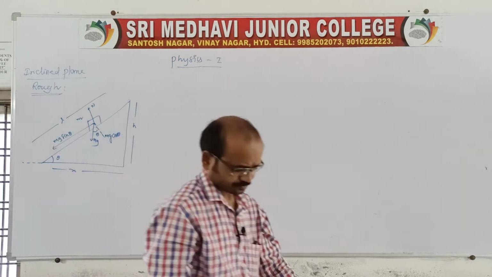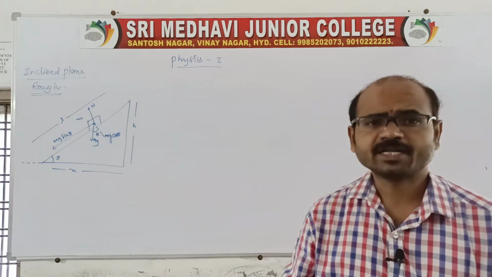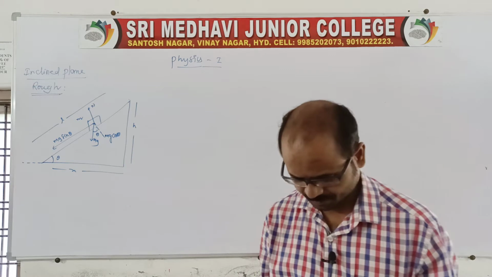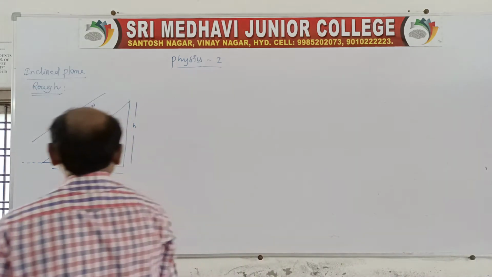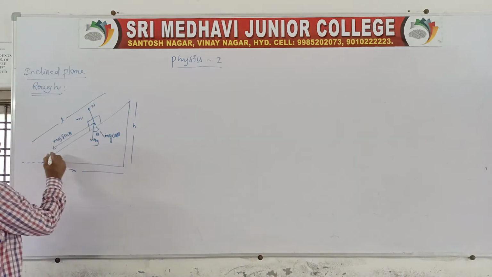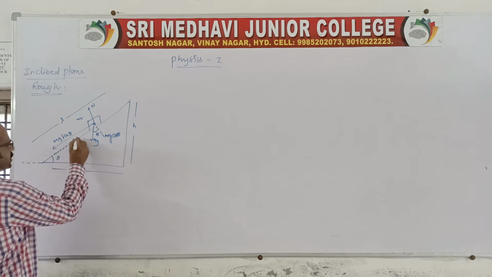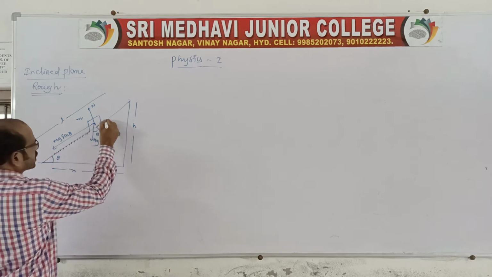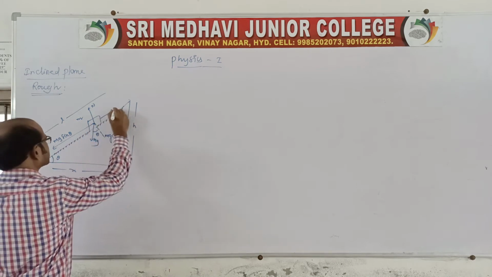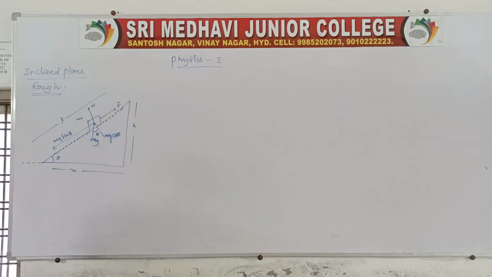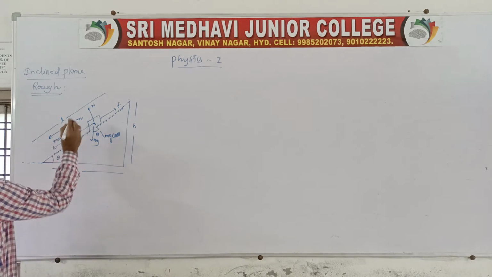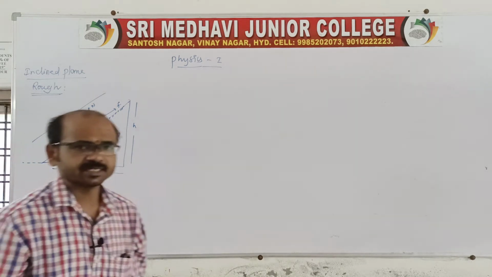Now, when the body is sliding down on a rough inclined plane, there will be a frictional force acting opposite to the motion of the block. There is also an applied force acting along the same direction as mg sin theta.